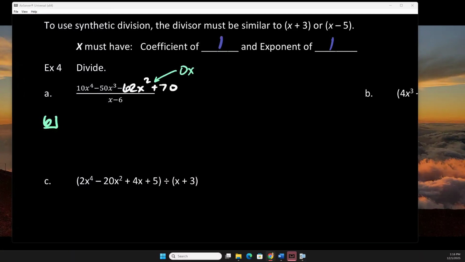If you don't do that, you're not doing the right division problem. So we're good now. So we would write 10, negative 50, negative 62, 0, and then 70.